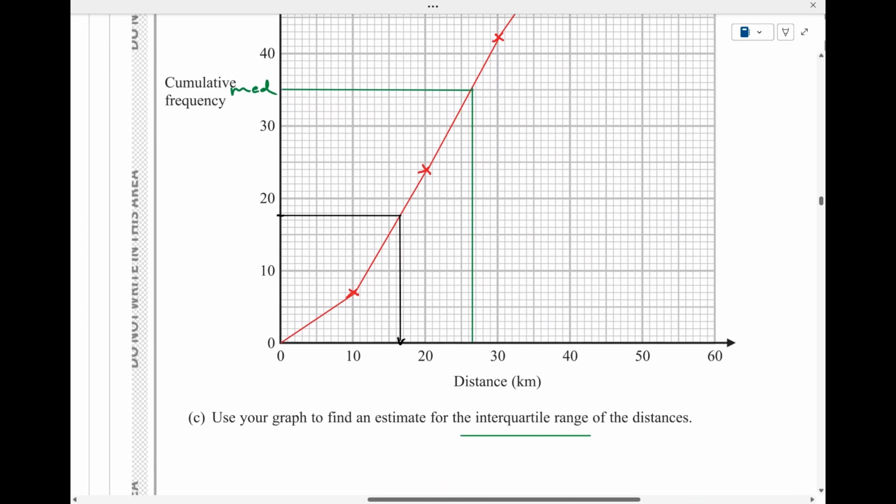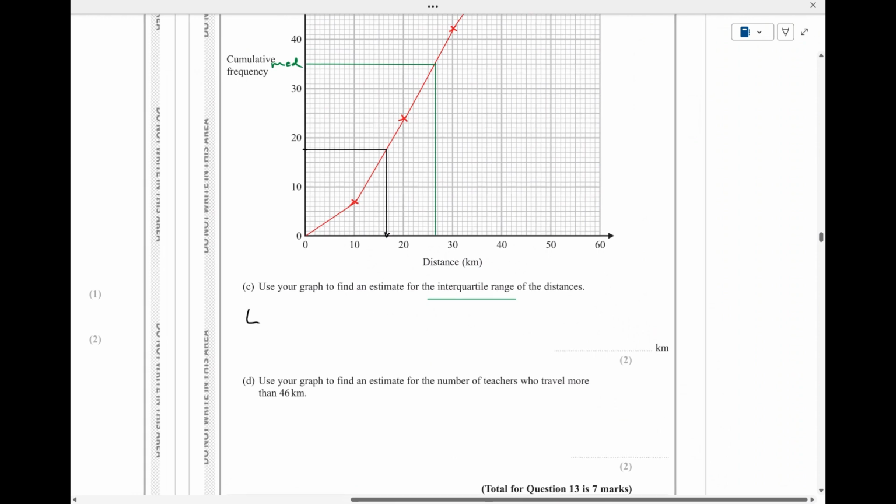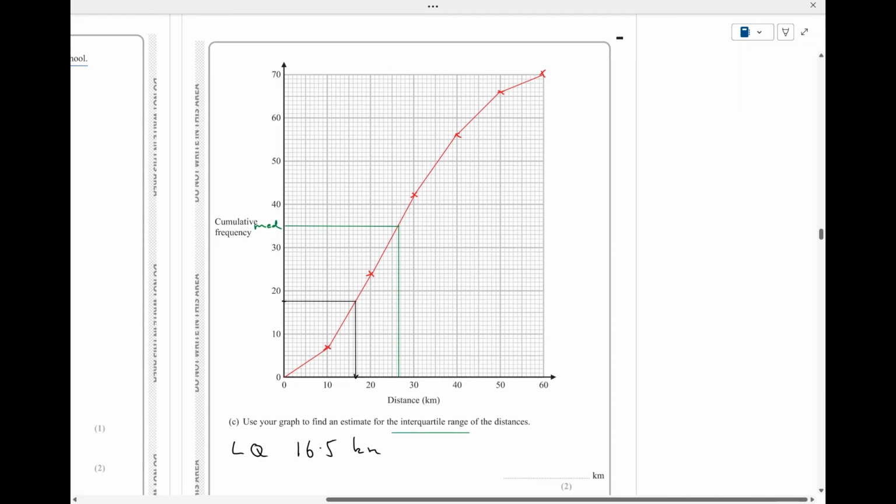So the lower quartile looks to me to be 16.5. Lower quartile, 16.5 kilometers.